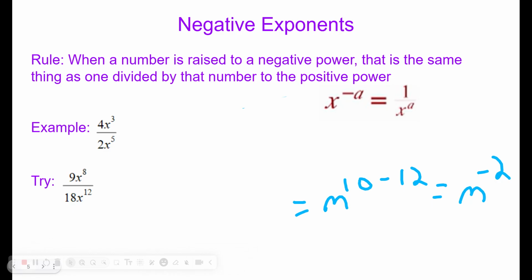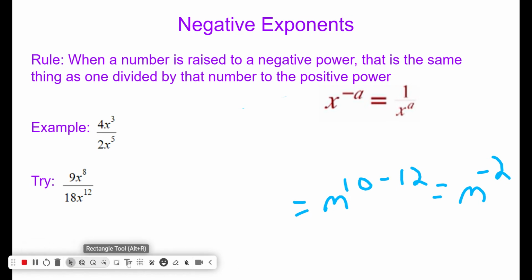Negative exponents. When a number is raised to a negative power, that's the same thing as 1 divided by that number to the positive power. Okay, so here, the example in kind of reddish color, x to the negative a power equals 1 divided by x to the positive a power.